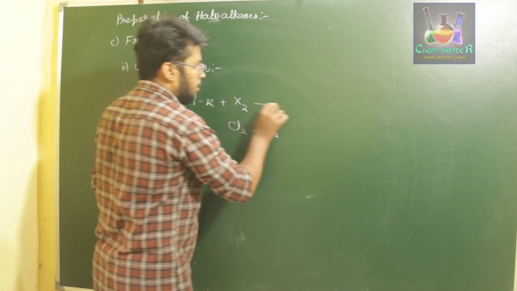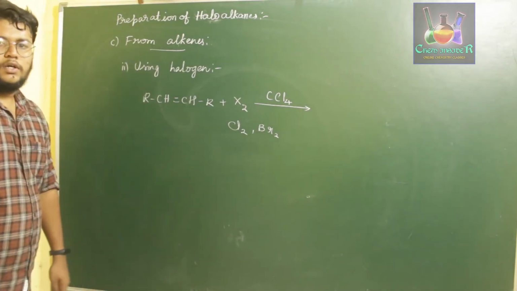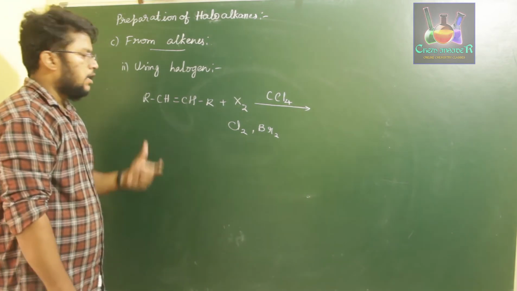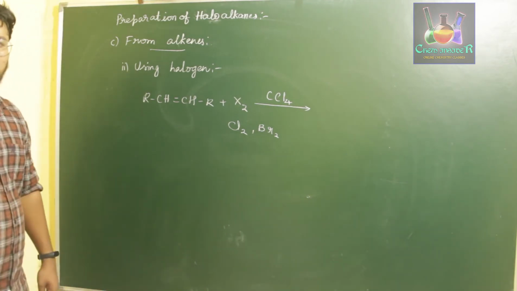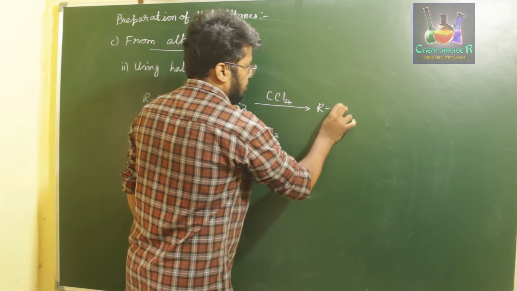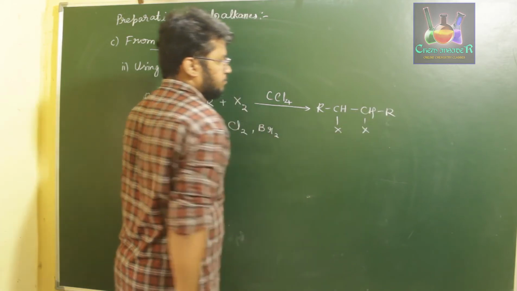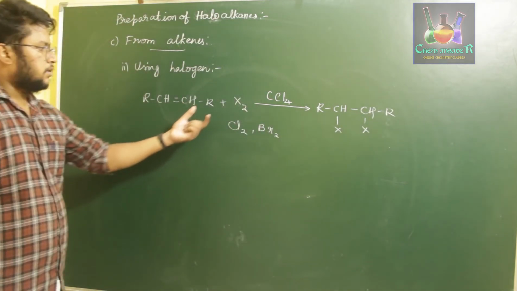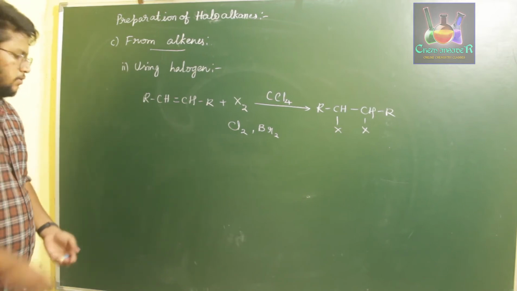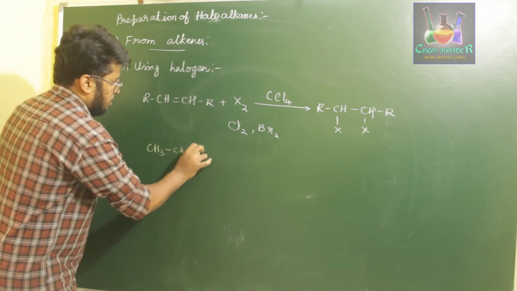In the presence of carbon tetrachloride, they give us disubstituted haloalkanes, that is, dihaloalkanes. So if you treat an alkene with a molecule of halogen in presence of carbon tetrachloride, we prepare a dihaloalkane of this type, RCHX-CHX-R. Let's consider an example, CH3-CH=CH2.